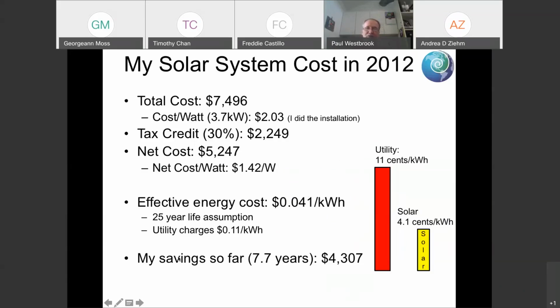If you add up my savings over 7.7 years, I'm at $4,300. So I haven't reached payback. If you look at simple payback, I haven't reached the $5,200 yet. But again, my money is basically earning an 8% return for me since I put it into solar, and will continue to do that for years and years and years ahead.